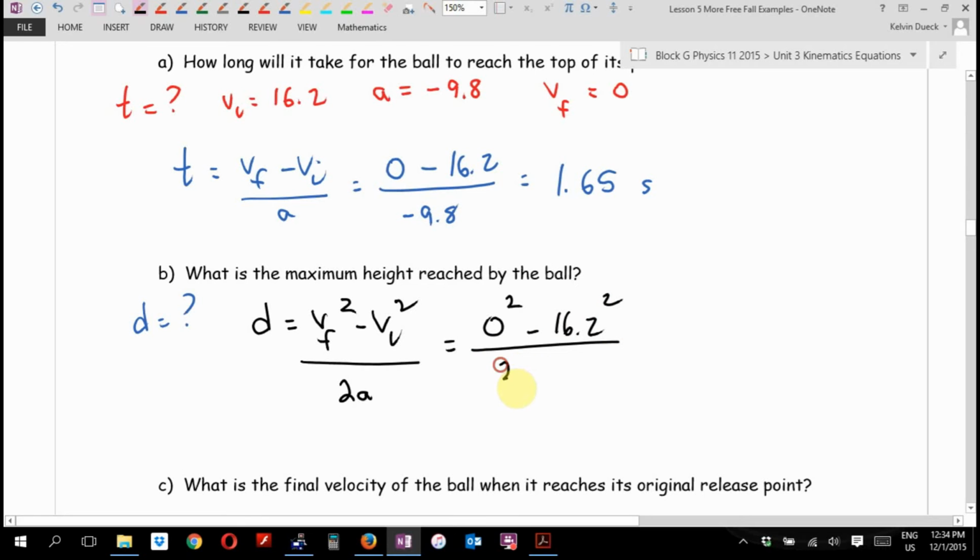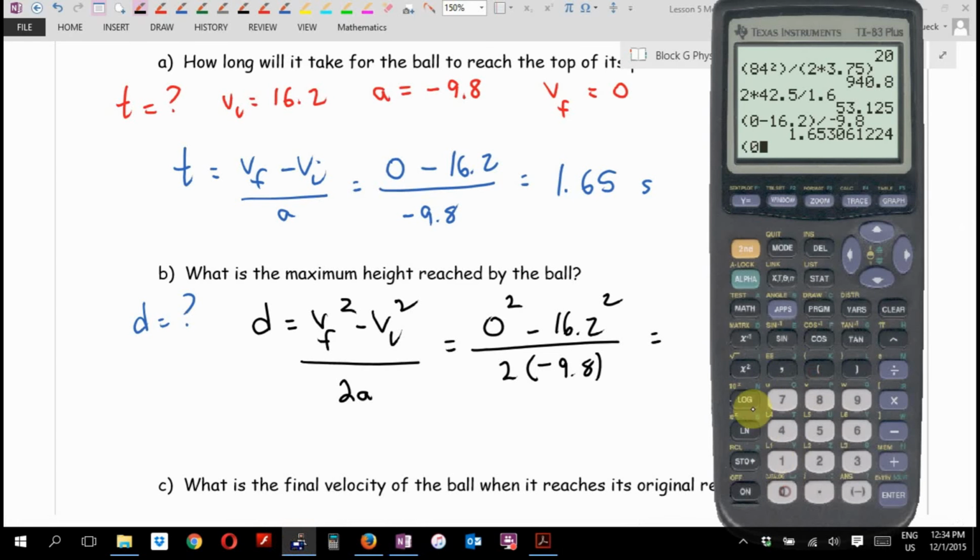That's 2. Minus 0 squared minus 16.2 squared. I probably didn't need to type the 0 squared, but I did. Divided by 2 times negative 9.8. I get 13.4. And this is wrong.